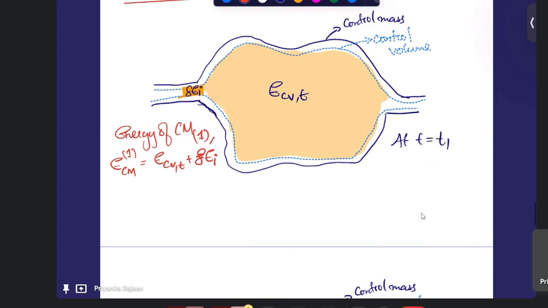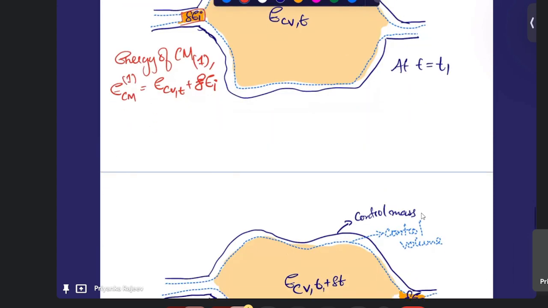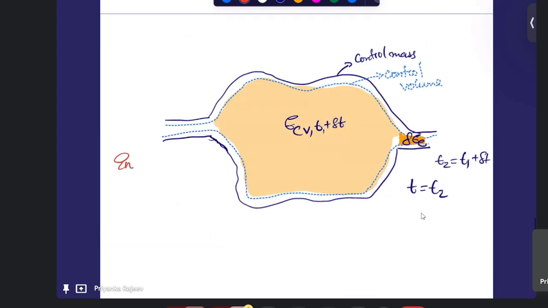Control mass means this entering element will also be included. Then energy of control mass 2 is ECM of 2, which is equal to ECV of T plus delta T plus delta EE.